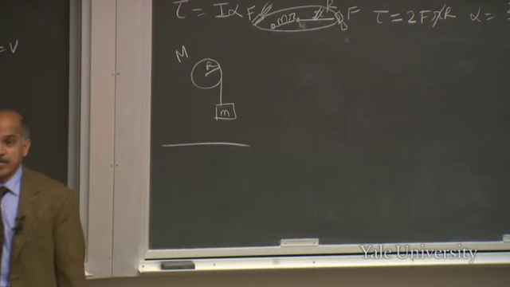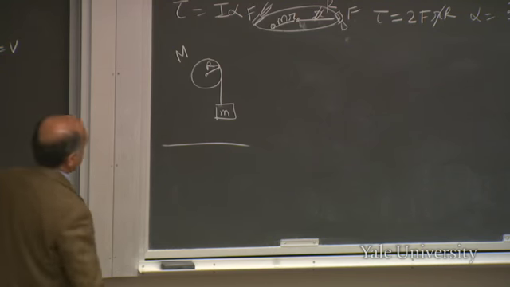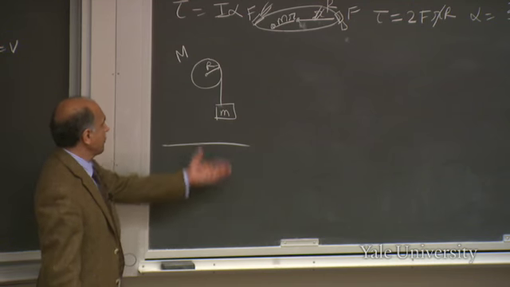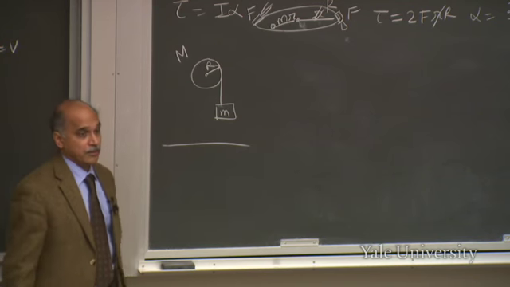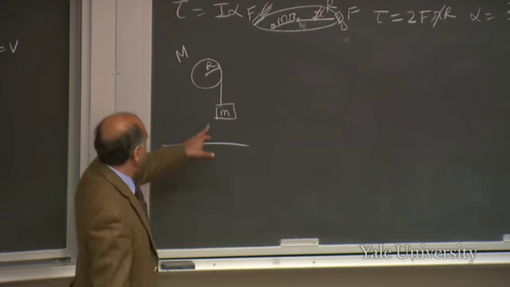And the question is, what's the acceleration of this mass? So this is a combination of rotational problems and translation. The mass is translating, the pulley is rotating. And the point is, what's the acceleration of this mass?